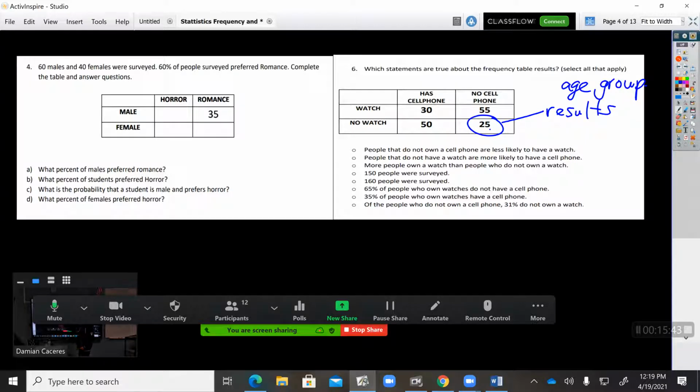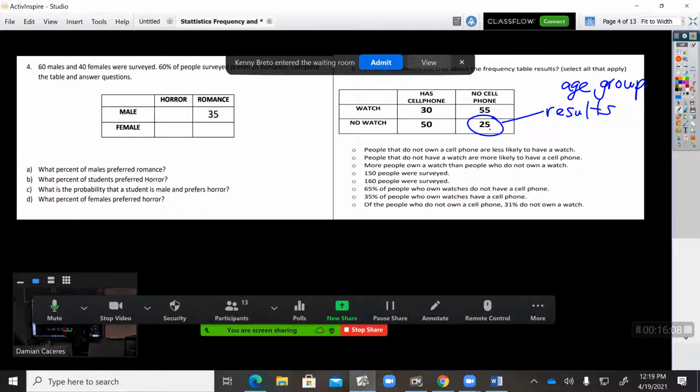To help you out, tell me what two categories meet at that 25 mark. No watch, no cell phone. Use your common sense. Who in life has no watch and no cell phone? Who? I just want a common sense answer.